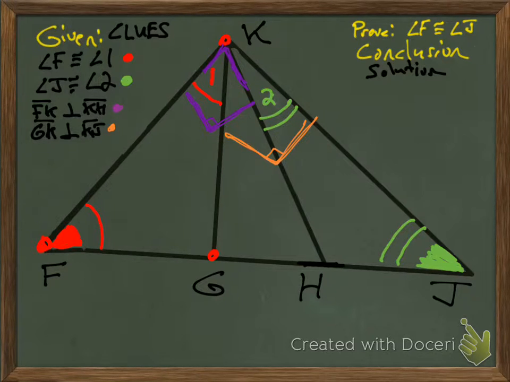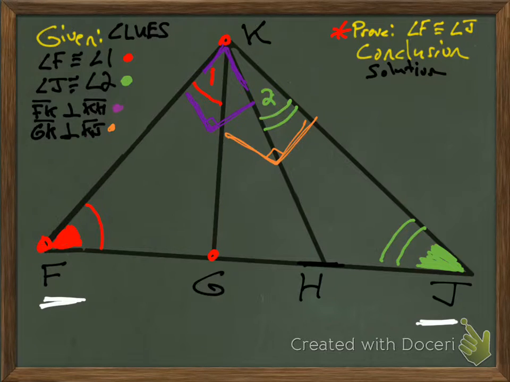Now, what we're asked to prove is over here, that angle F is congruent to angle J. So we want to show that this angle F and angle J are actually the same value. So we have our given, we have some marks on our diagram.